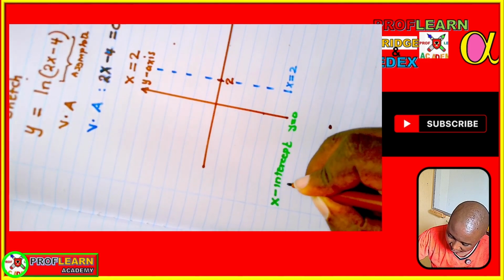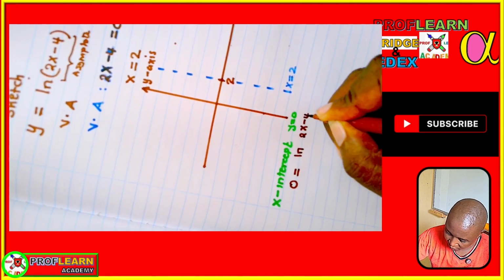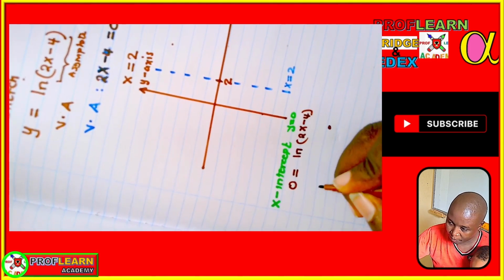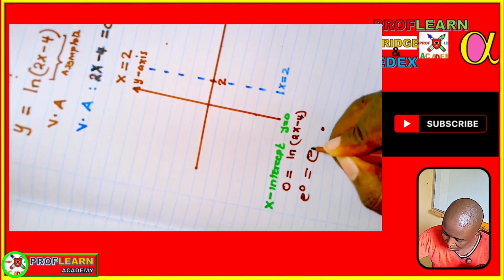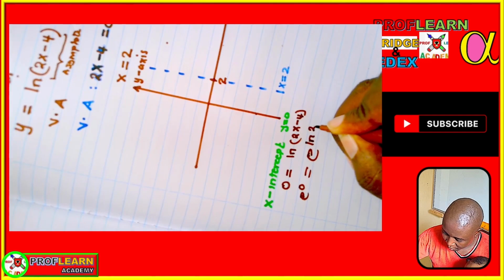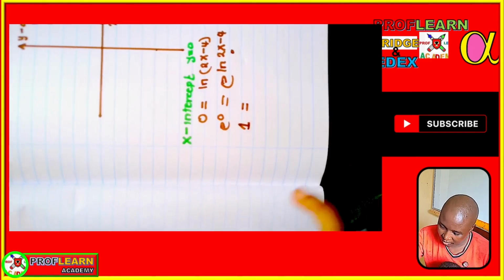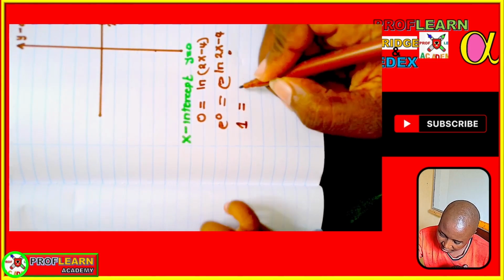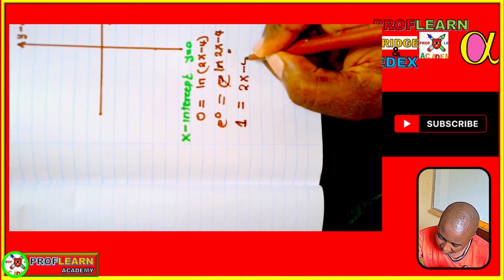So we take y equals 0, so 0 is equal to ln of 2x minus 4. We introduce the exponent on both sides: e to the 0 is equal to e to the ln of 2x minus 4. The e and the ln cancel out, and we remain with 2x minus 4.